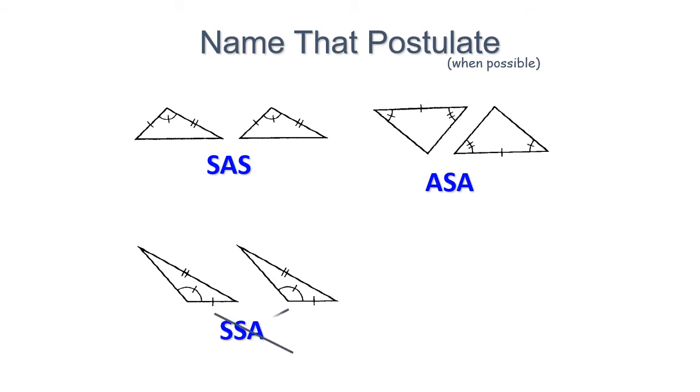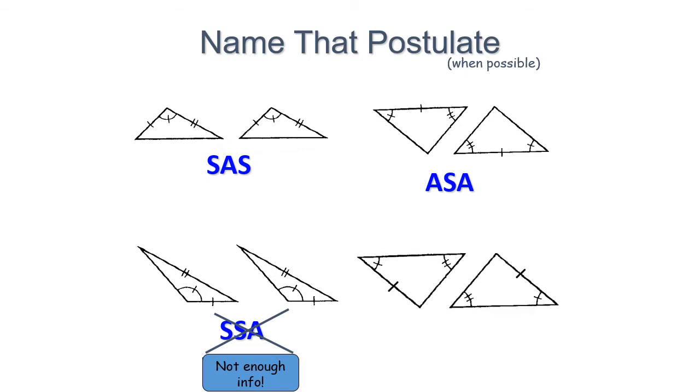It's just a comparison, so always remember there's no SSA, so if that would be the case, just write not congruent, instead of not enough information. So for this part, they are congruent by AAS.